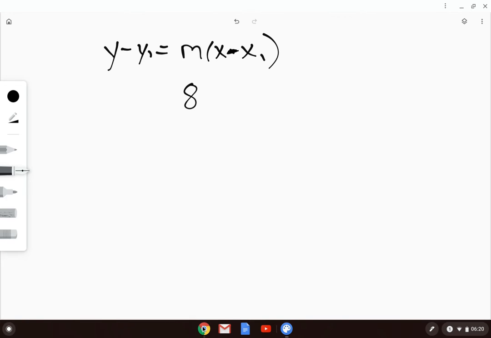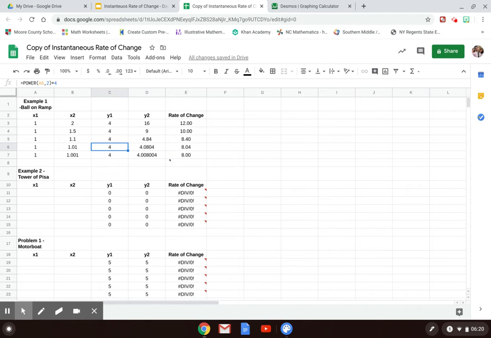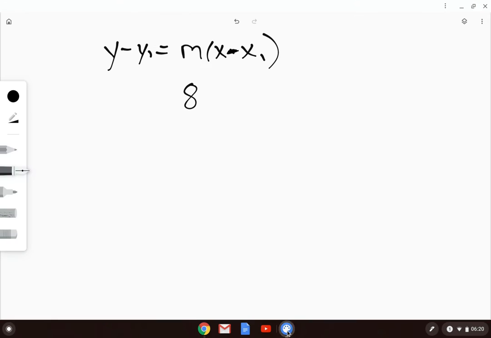Now, for my y1 and x1, since this is where I finally notice that my point is settling down at 8, I'm going to use x1, which is 1, and y1, which is 4. So that's going to be my x1 and my y1. Okay, so I have 8 times x minus 1 and y minus 4 over here.